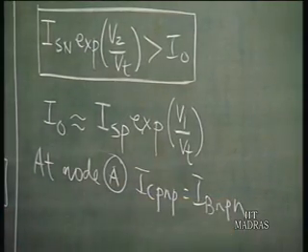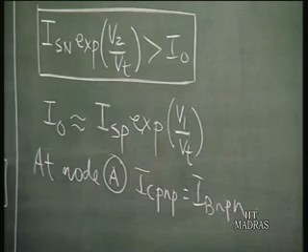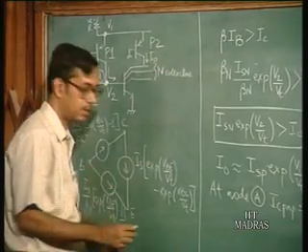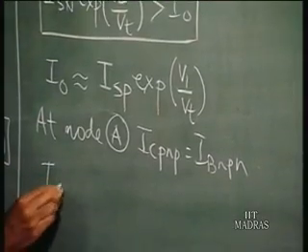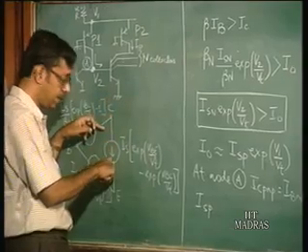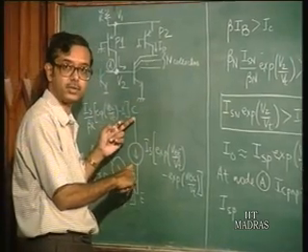What is the collector current of PNP given by? Again we go to the Ebers-Moll equation. The collector current is this current source minus this current source.